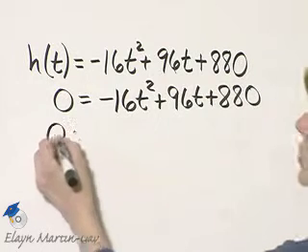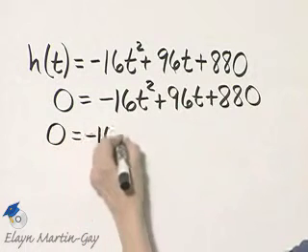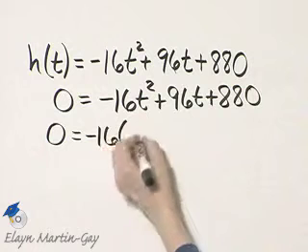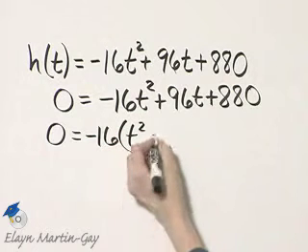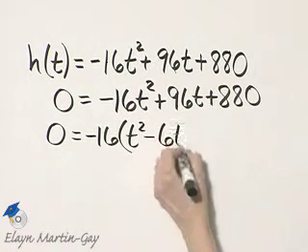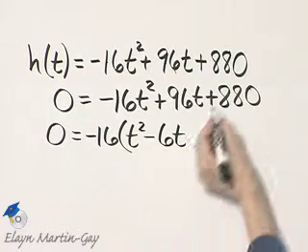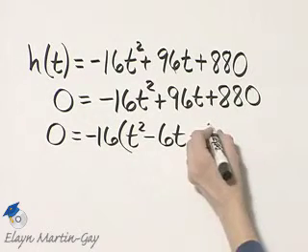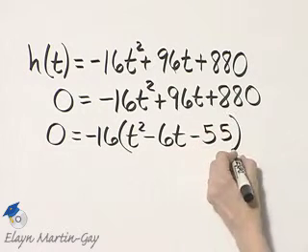Notice, first of all, you can factor out a common factor of negative 16. This term divided by negative 16 is t squared, minus 96t divided by 16 will give me 6, and then I have my t, and then I'll have a minus, and 880 divided by 16 is 55.